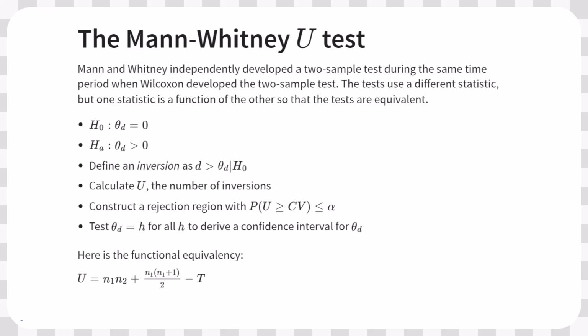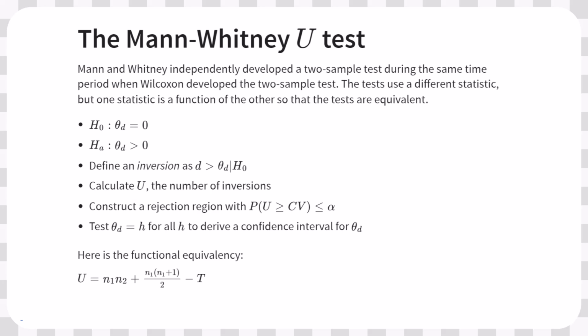So defining an inversion would be looking for all the positive numbers, looking for values of D that are greater than 0. We calculate U, the number of inversions. This is what Mann-Whitney called it, U, and it's the Mann-Whitney U test. We construct a rejection region such that the probability of U being greater than or equal to a critical value is less than or equal to alpha, as we always do in order to control our type 1 error rate.